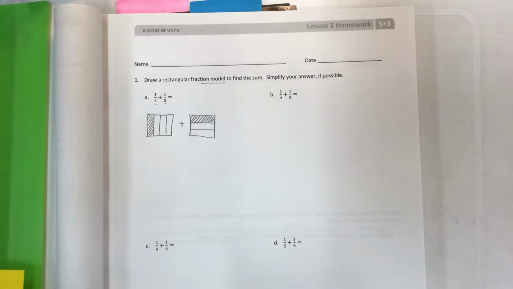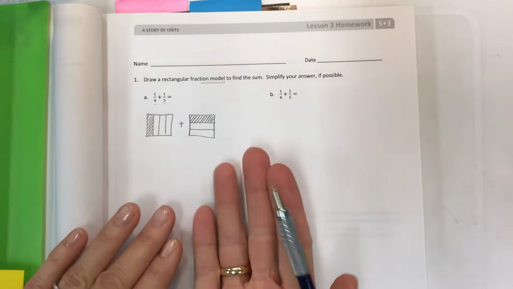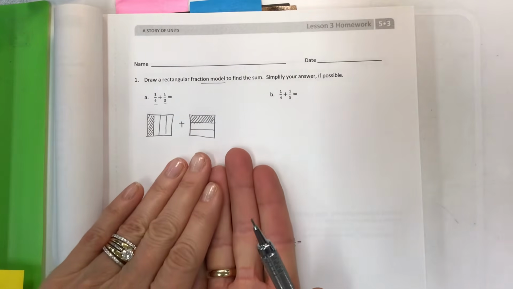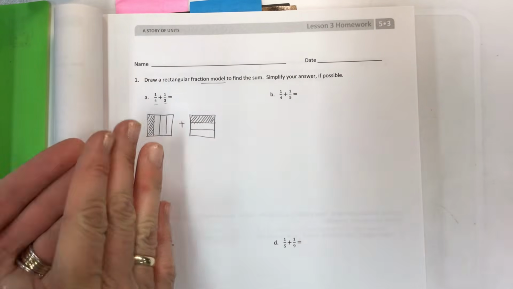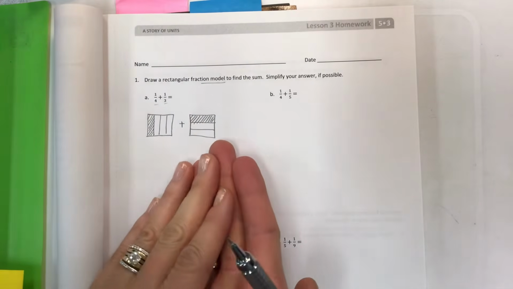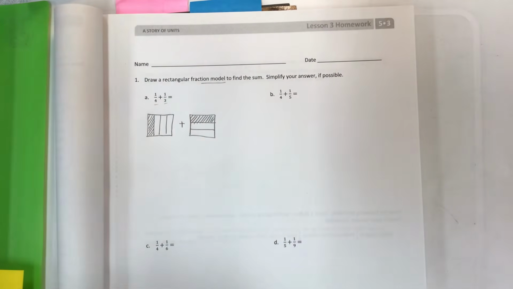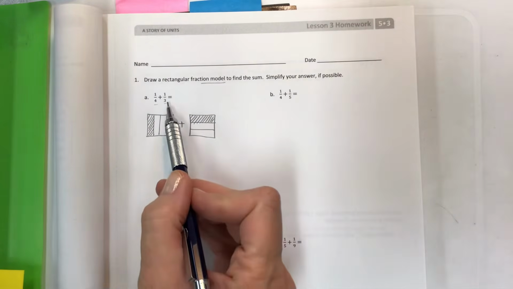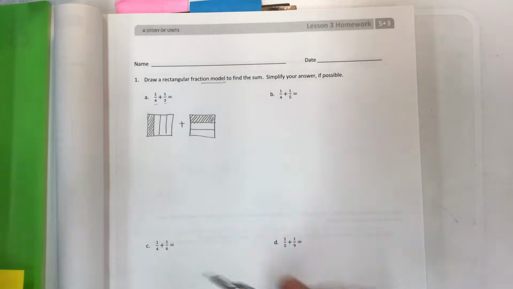Now for your equivalent model, you're going to take the one from the second and put it onto the first. And then you're going to take the model from the first and lay it over the second. So you're making equivalent fractions by using the other denominator to create this picture.